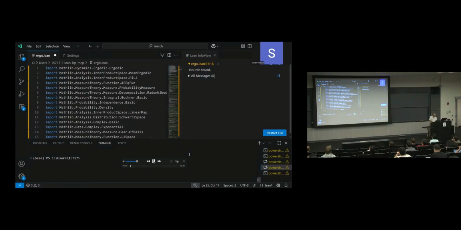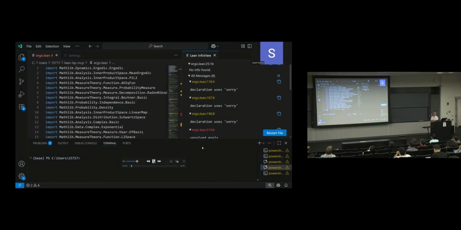In this demo, I will explain the scaffold I have for the OS4 axiom and demonstrate the power of VS Code's Insiders tool in agent mode coupled with the Lean MCP LSP protocol. So what exactly do we want from a formalization? Well, remember, we aren't proving ergodicity. We are merely trying to formally state it.